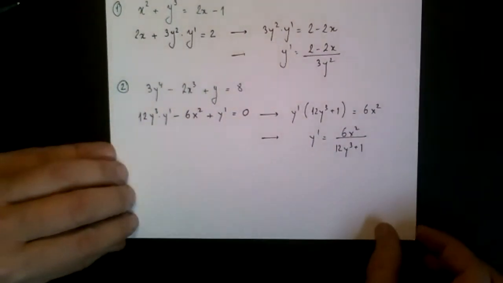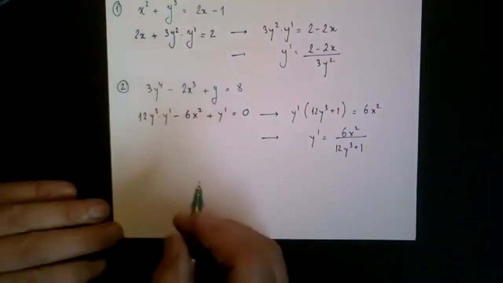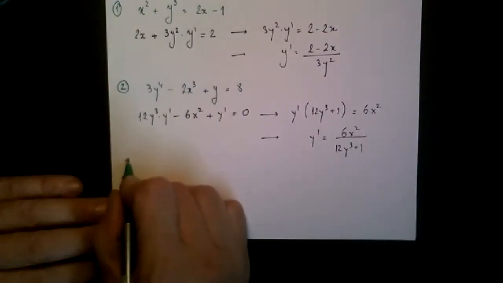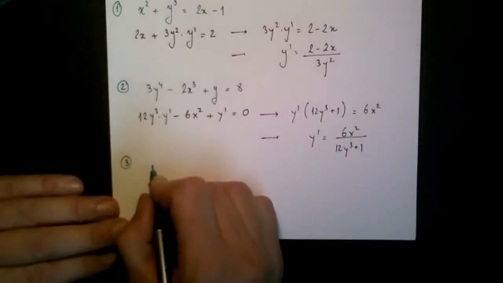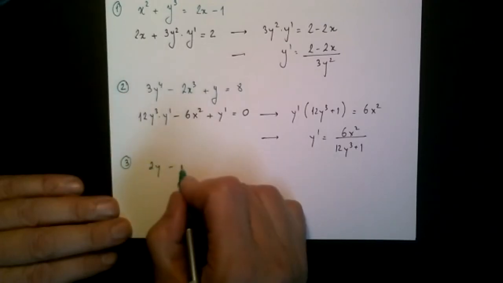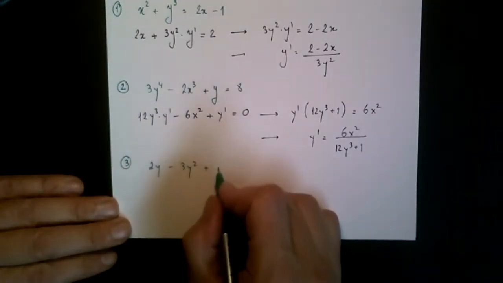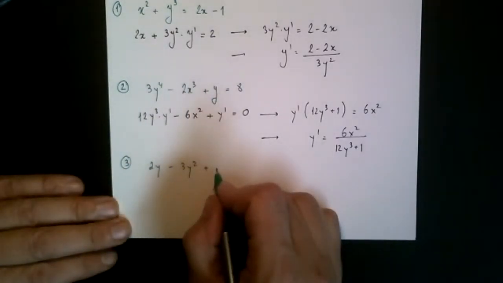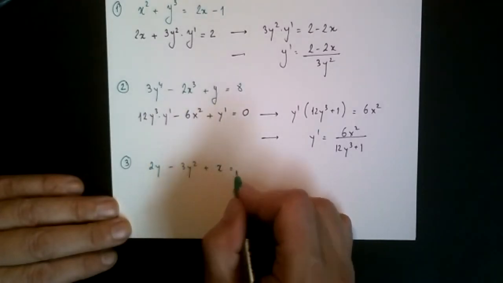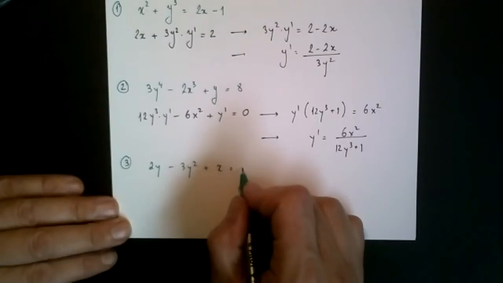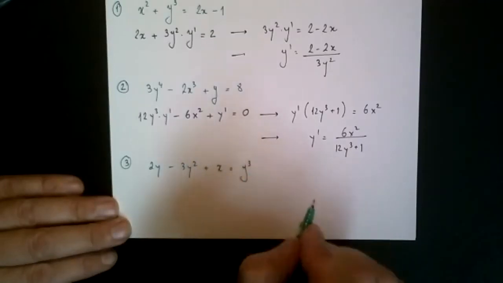Let's do one more, because I have a little space here. Number 3. 2y minus 3y² plus x equals y³.